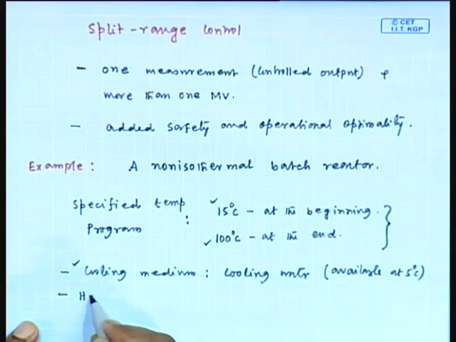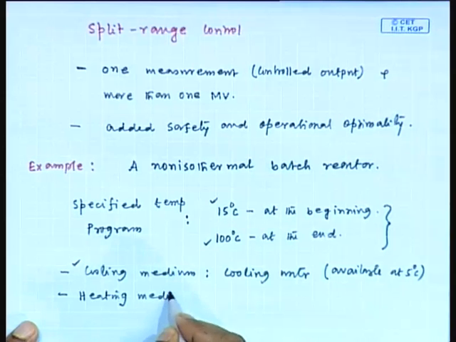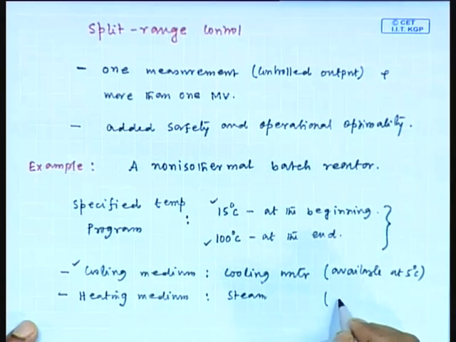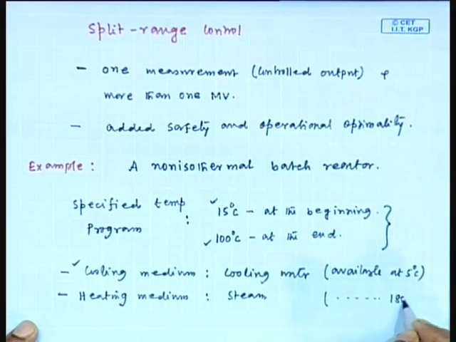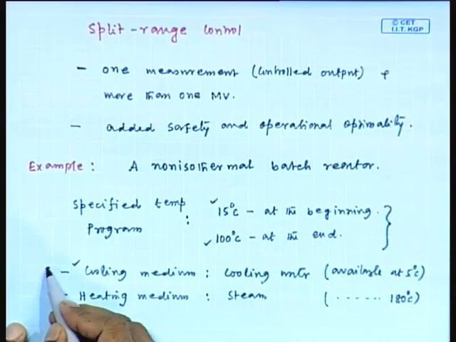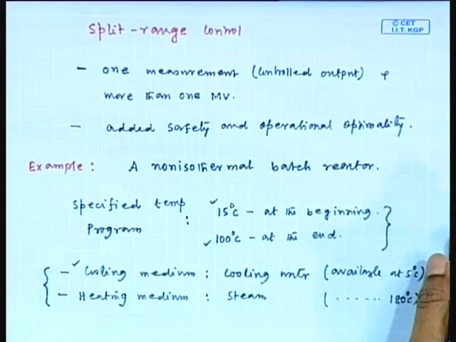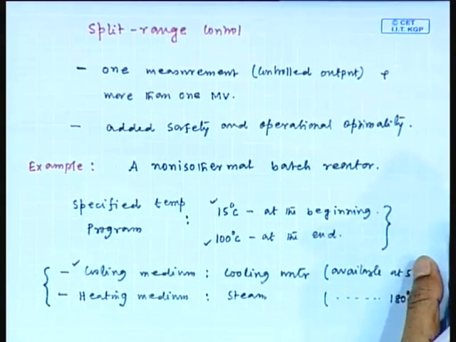Similarly, as heating medium, steam can be used, which is supposed to be available at 180 degrees Celsius. Fine. So, these are the two media which can be used to maintain the temperature of the example non-isothermal batch reactor.